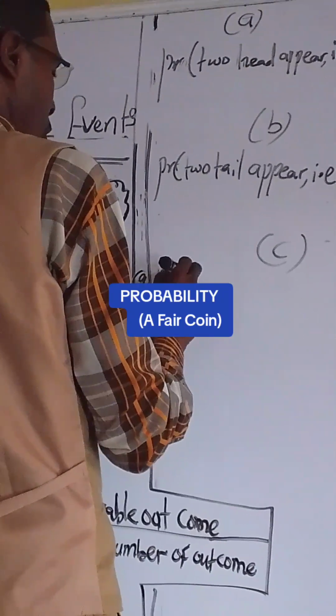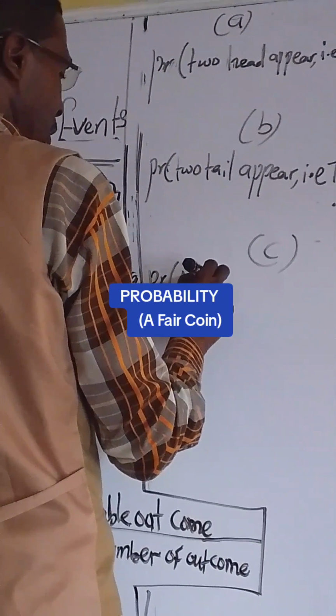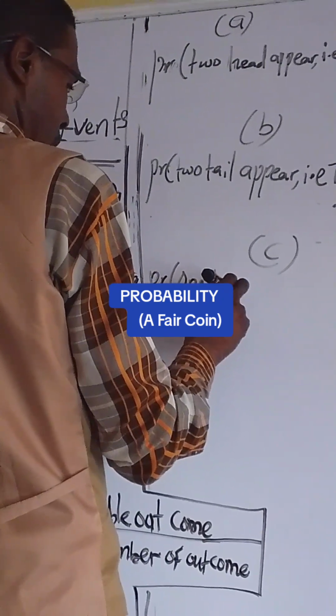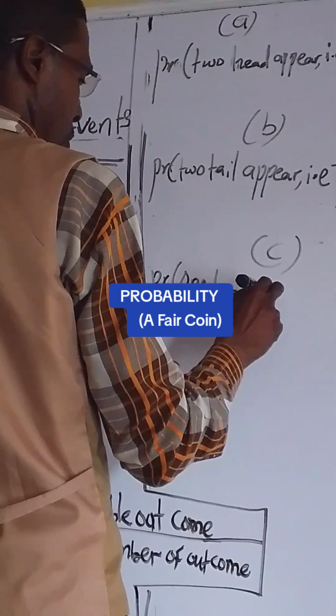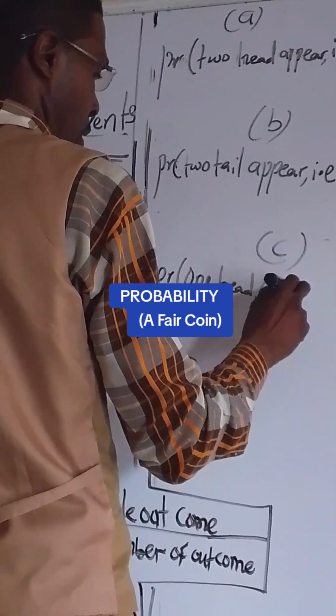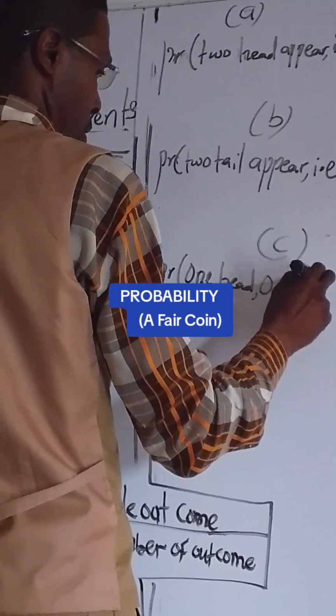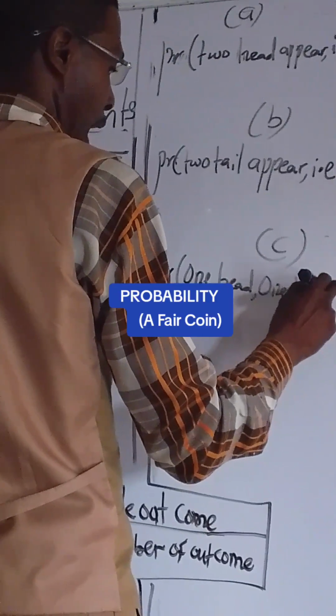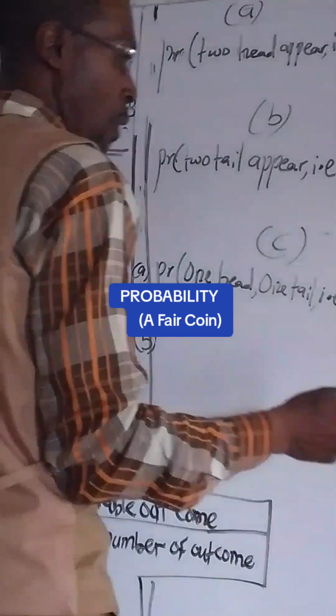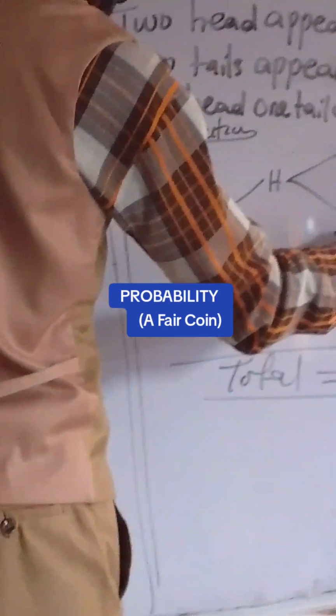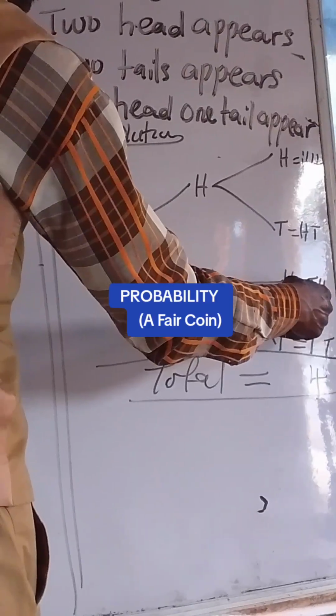Now C, we are given 1 head, 1 tail. The probability of 1 head and 1 tail. When you look, this one has 1 head and 1 tail, and this one also has 1 head and 1 tail.